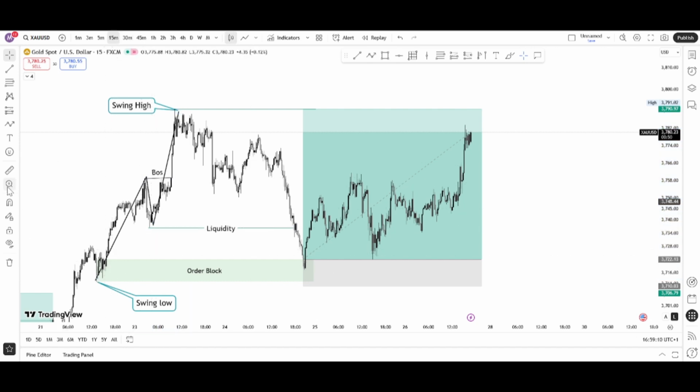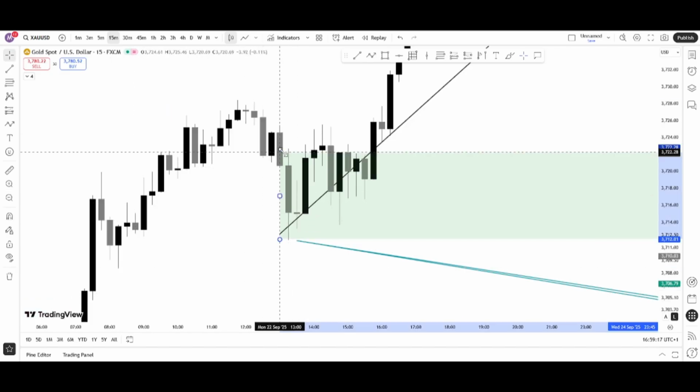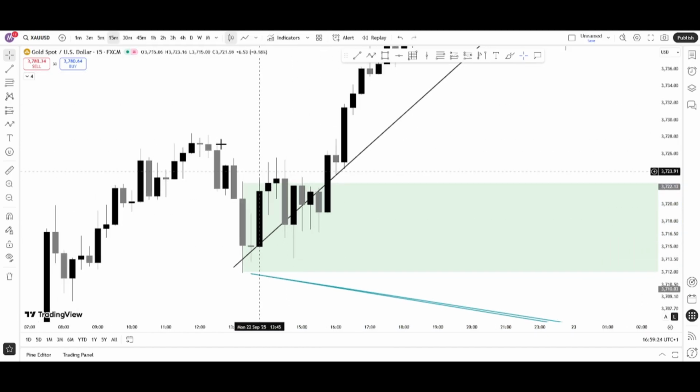So what I did here was mark out my order block. This is the last bearish candle before the break of structure to the upside.